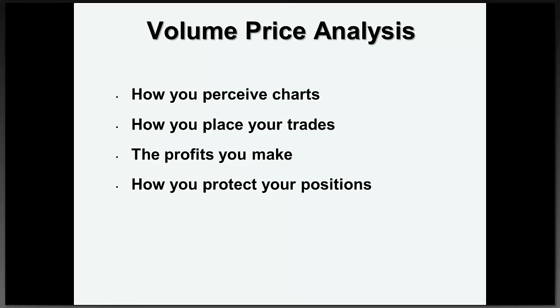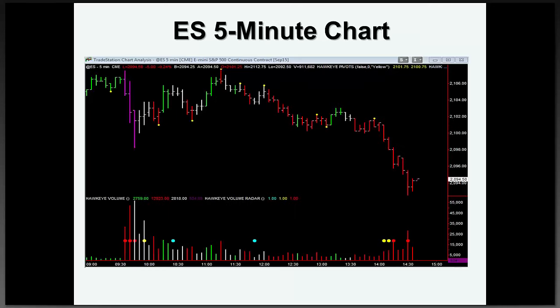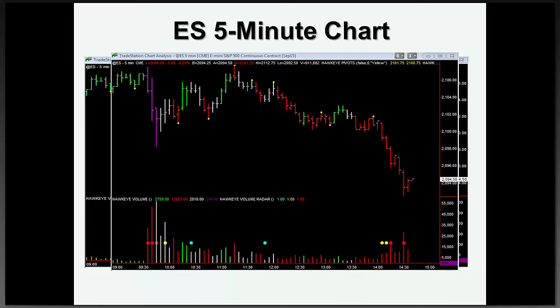Let me give you an example on a 5-minute E-mini chart, and this applies to everything that we will be seeing in a few moments when we start going through real live examples that have happened today. And these indicators that you see on the chart are the package that I'll be discussing at the end of this very short presentation.